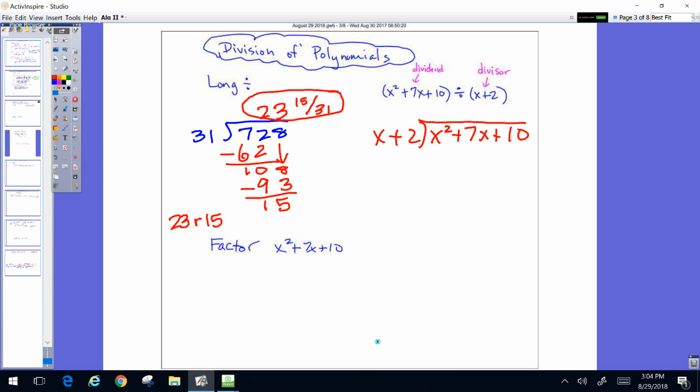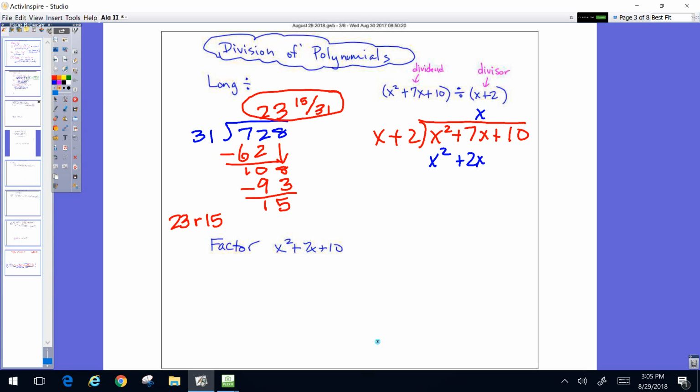And we go through the same process. If I take the x squared and divide it by the x, I get x. X squared divided by x is x. And then I would do the same thing I did over here. Here I did 2 times the 31. Now I'm going to do x times the x plus 2.